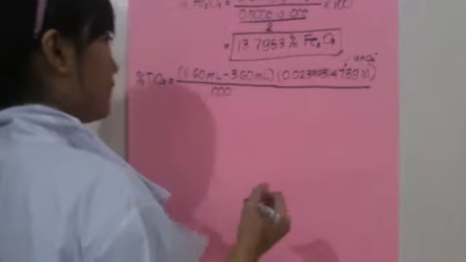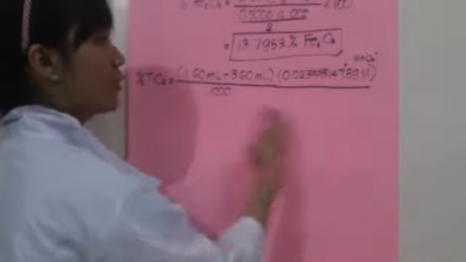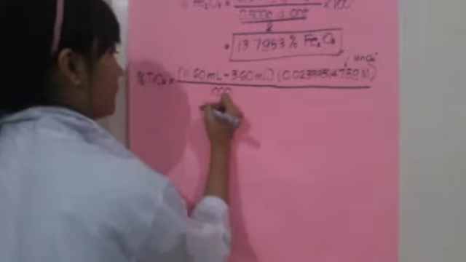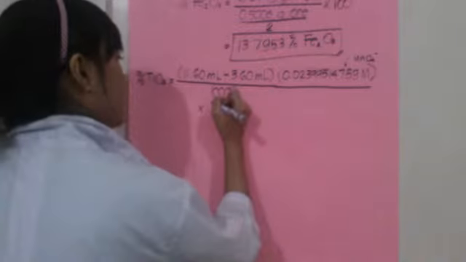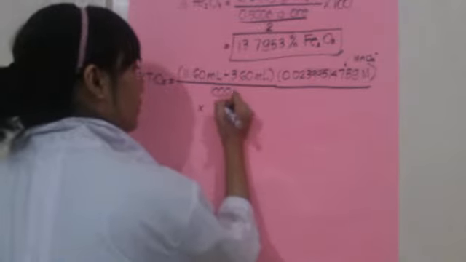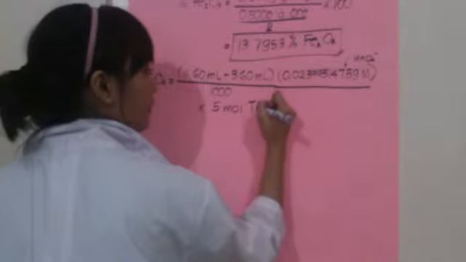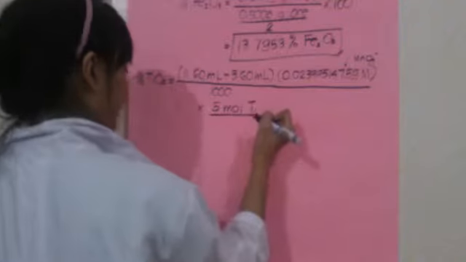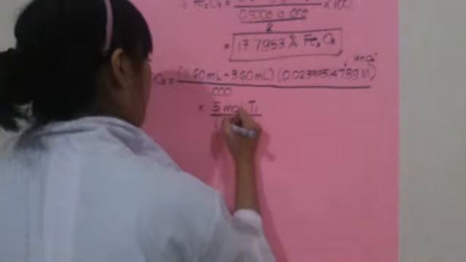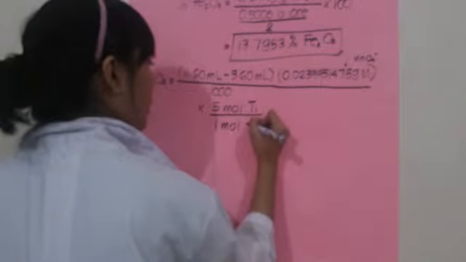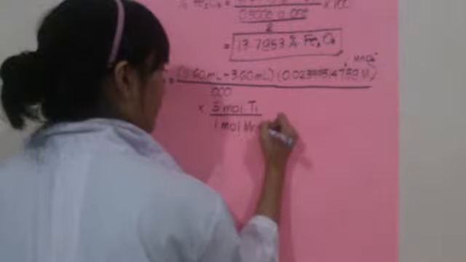There you go. Then, this full equation would be multiplied by five moles of titanium over 1 mole of MnO4.